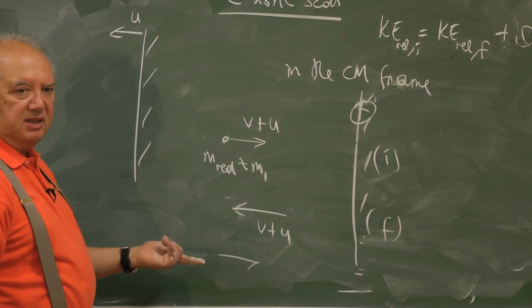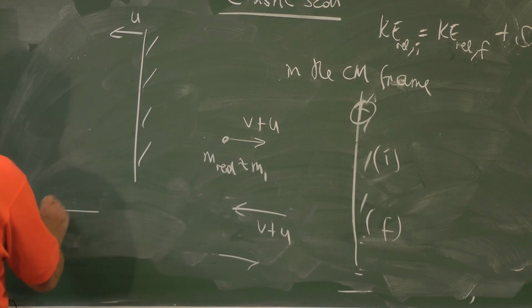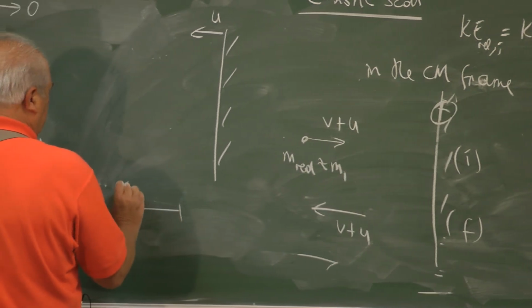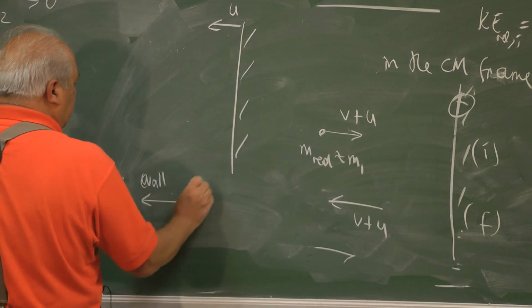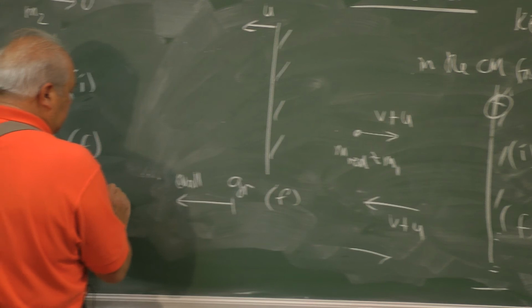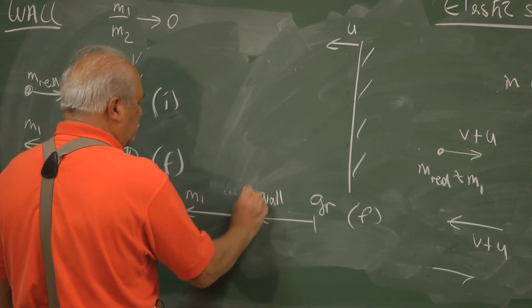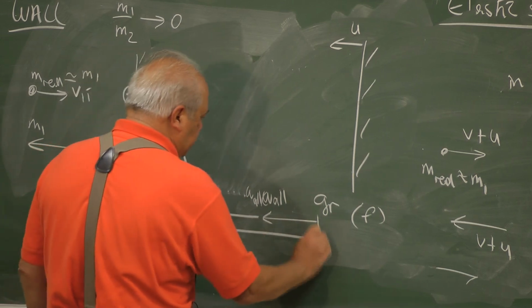And now what is it in the lab frame? So this is the wall with respect to ground. I'm looking at the final case. And this is the mass M1 with respect to wall, and M1 with respect to ground.